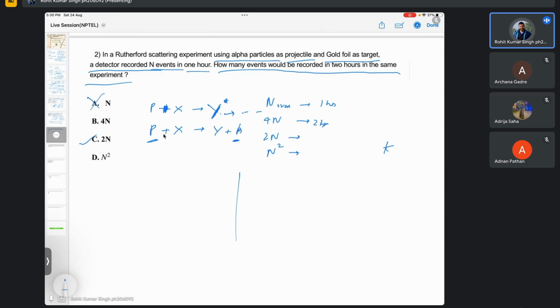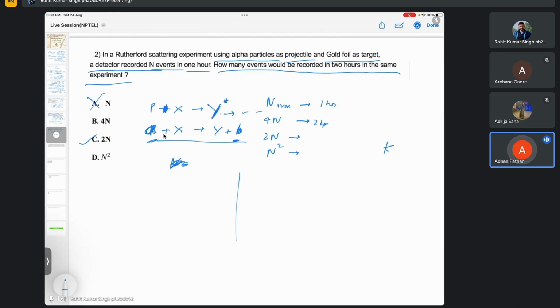I mean, this can also change. So if we assume the second one, inelastic scattering or something, then the original formula n equals n naught e power minus gamma t, over there we can consider. No, that is a radioactive decay formula. How can you apply it here?